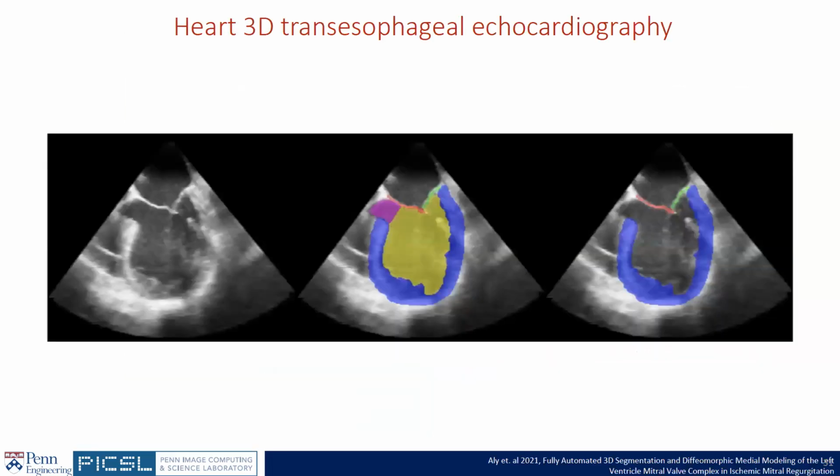Some more examples of nnU-Net which we have used in the lab: it is basically trained on this high quality data of ultrasound heart images. This is the left ventricle in ultrasound. This is the left ventricle cavity. These are the anterior and posterior. And what we observed was that just with a small amount of training data and heavy data augmentation, we were able to generalize it across a lot of different sequences and images.